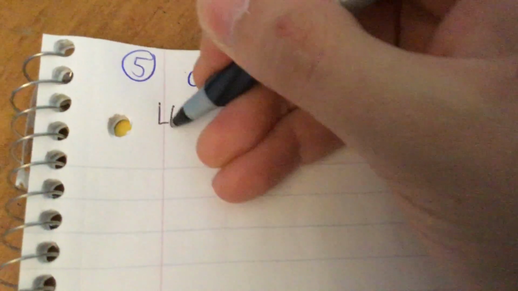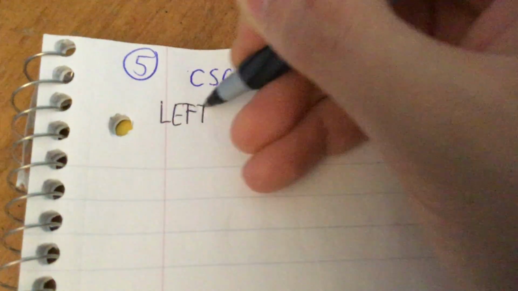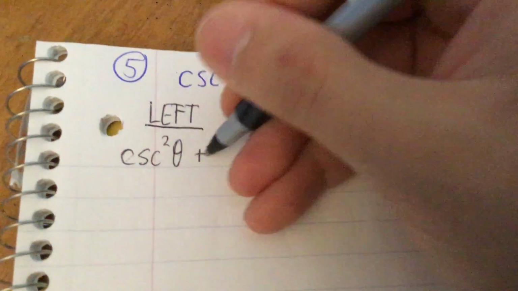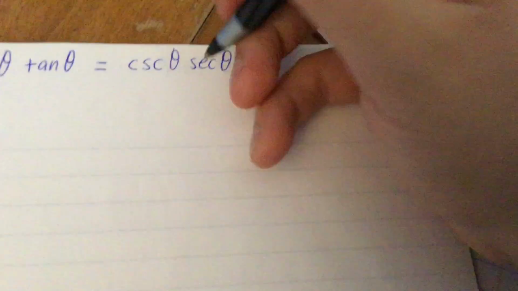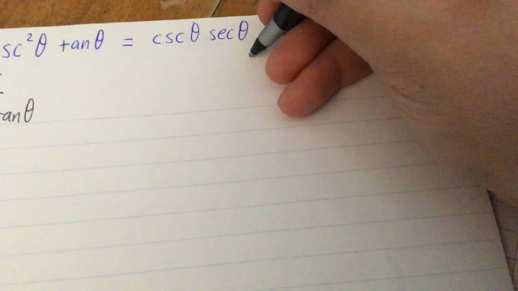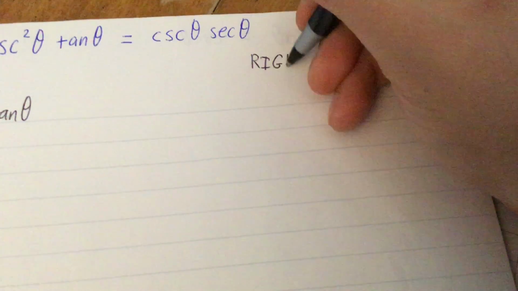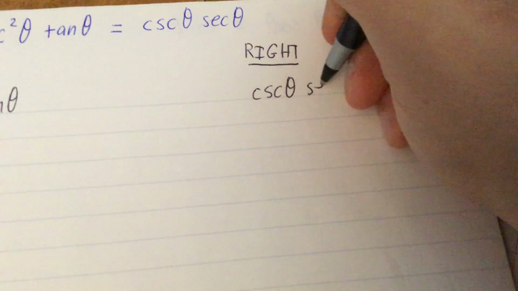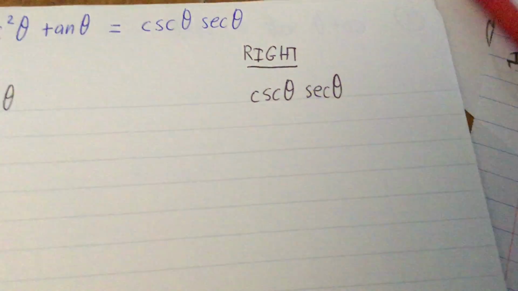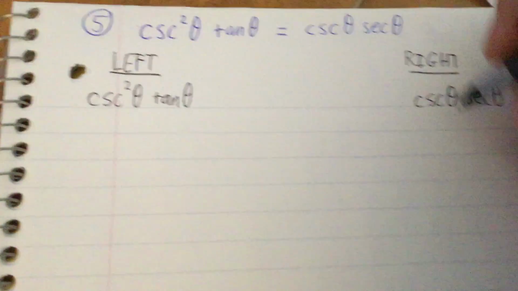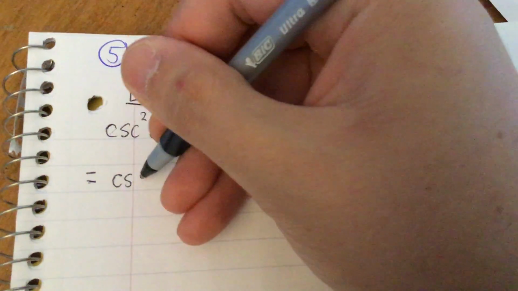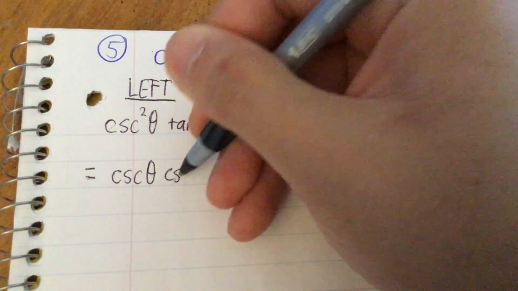So the left side is cosecant squared of theta, tangent of theta, complicated left, and I've also got complicated right, cosecant of theta, secant of theta. Well, I can rewrite this cosecant squared of theta as cosecant of theta, cosecant of theta.